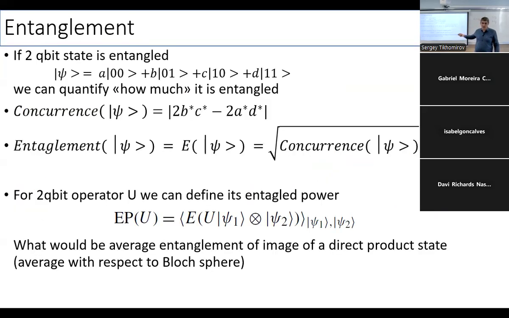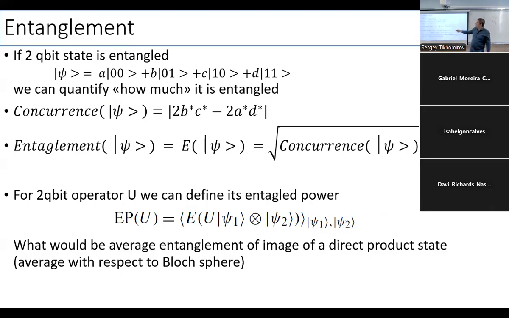The entanglement of any vector is not more than 1. So you can say that the entanglement power is not more than 1, but it's not possible that whatever direct product you consider, you will get a state with full entanglement.